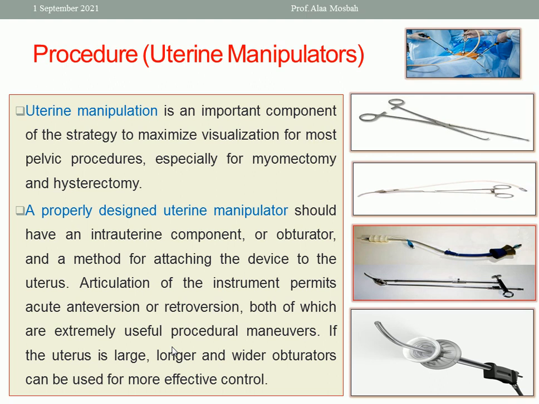What about the uterine manipulator? As you see in the picture, the simplest one has a single tooth vulsellum on one side and a uterine sound on the other side, inserted inside the uterine cavity, and this tooth fixes the lip of the cervix.